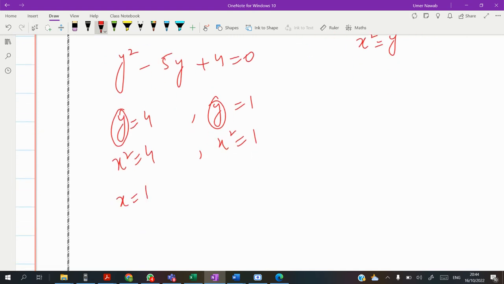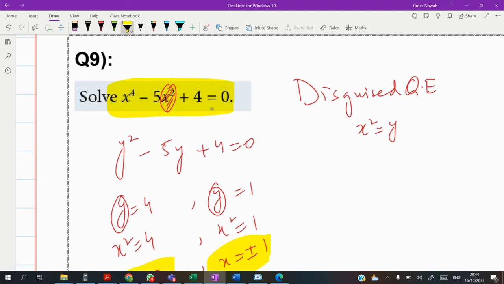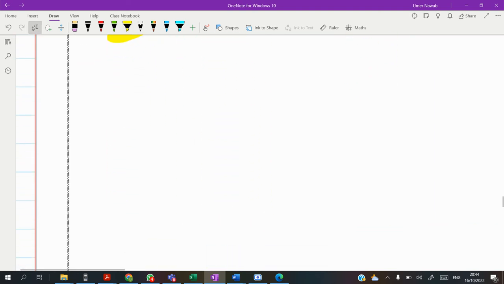Now send the square to the other side with plus minus sign. The square root of 4 is 2, and x is equal to plus minus. The square root of 1 is 1. So you got 4 answers: plus minus 2 and plus minus 1. So in fact, when you try to solve this equation, its graph will cut the x-axis 4 times.